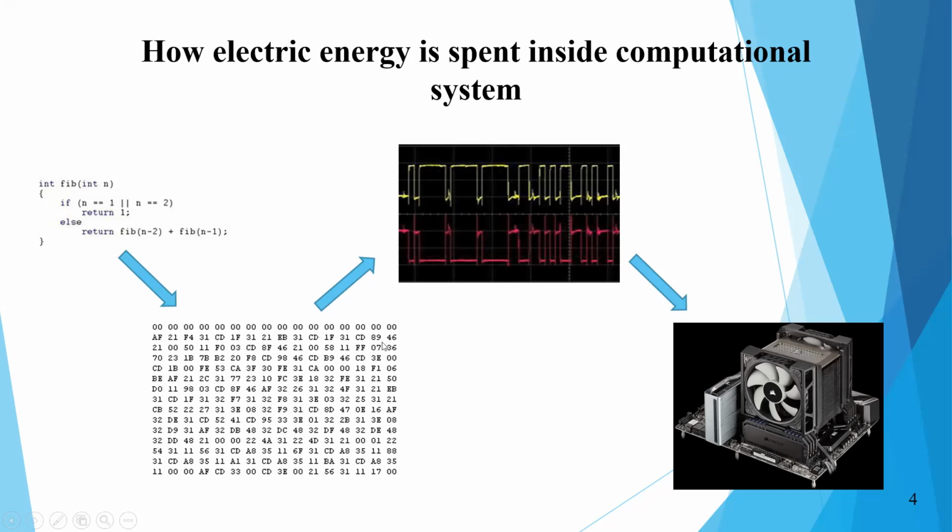After it, it will be executed by CPU. It will switch some electric gates, which, as we saw before, require electric power and produce power dissipation. It will require some cooling system.